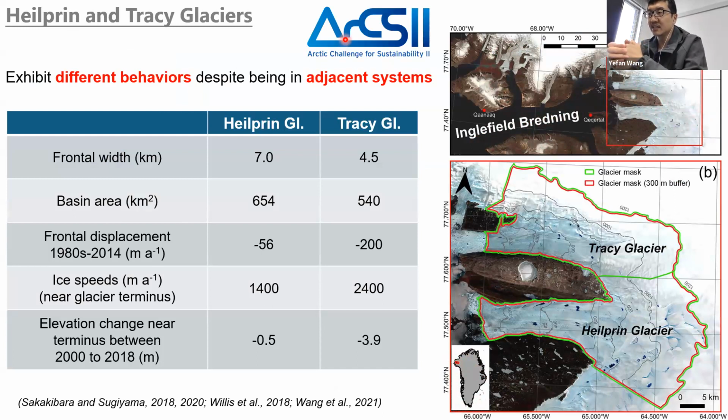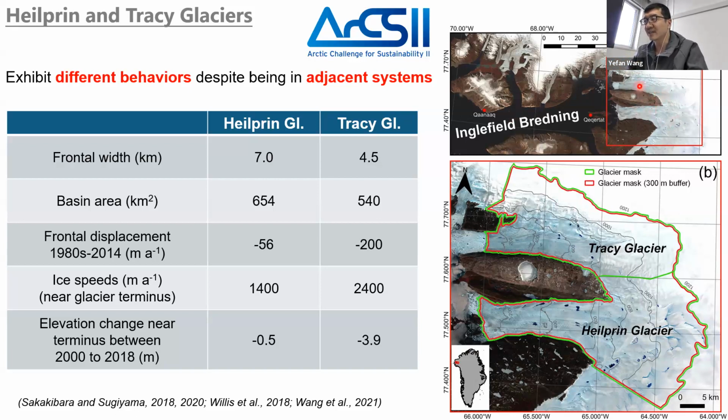this is a part of the Japan Arctic Challenge for Sustainability project. We do a lot of fieldwork in these regions, for example glaciology fieldwork and some ocean fieldwork, and we also have many results from it.